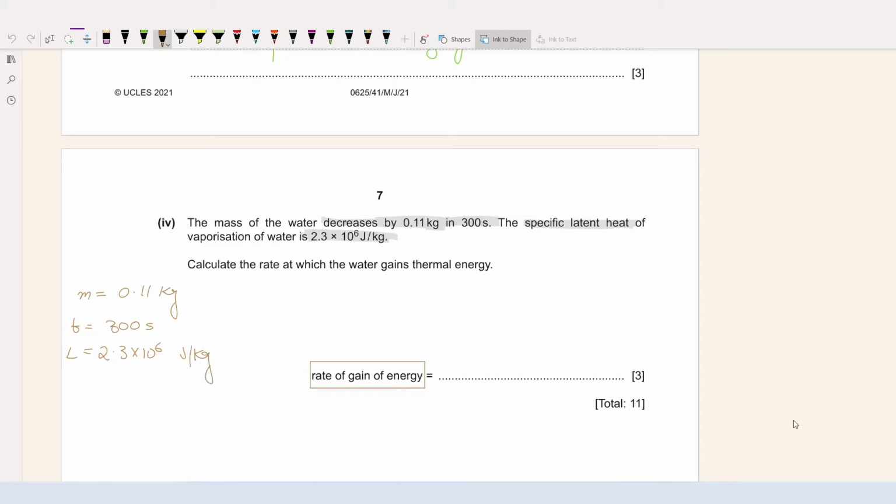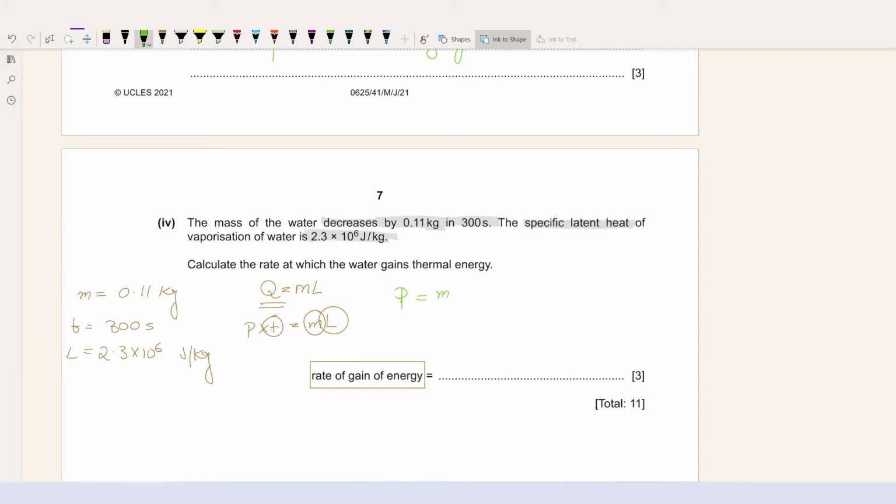We know the formula Q equals ml, where Q is P into T. We're given P, T, M, and L. So we can use this formula and find out our P. We can rearrange our formula.